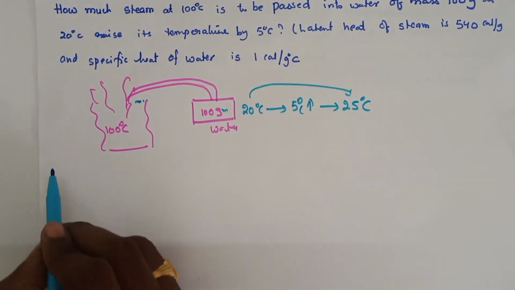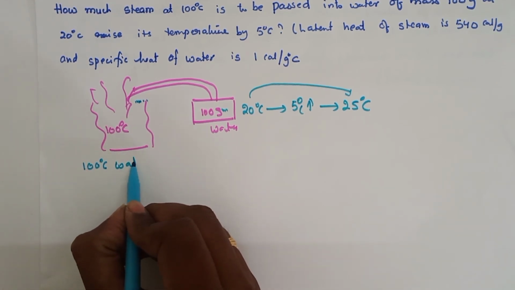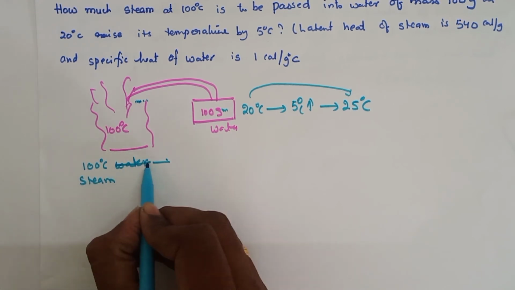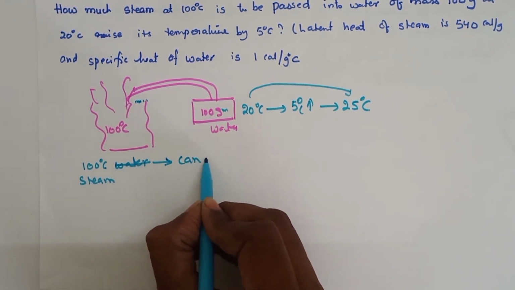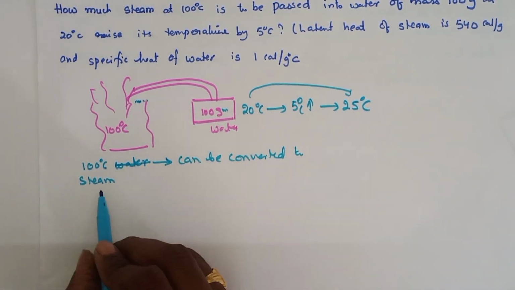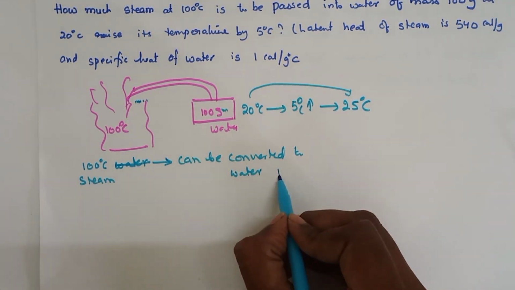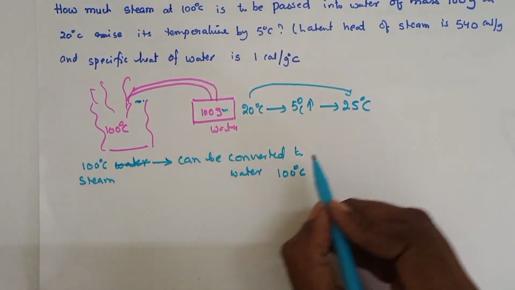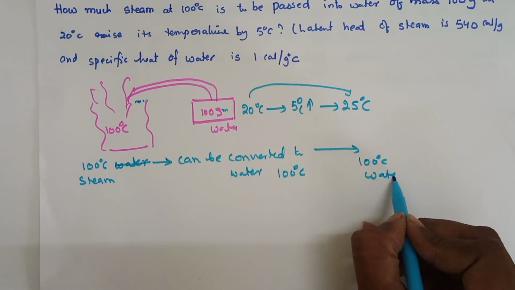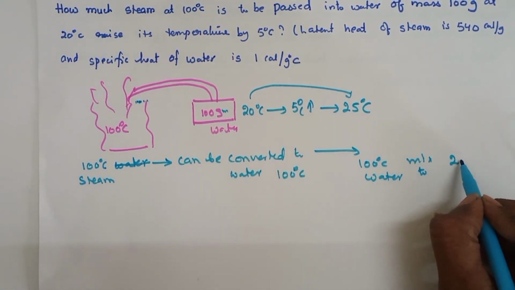So first see that the steam at 100 degrees centigrade can be converted to water at 100 degrees centigrade. Then that 100 degree centigrade water mixes down to 25 degrees centigrade water.